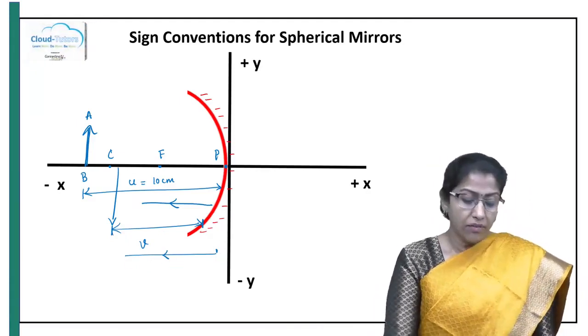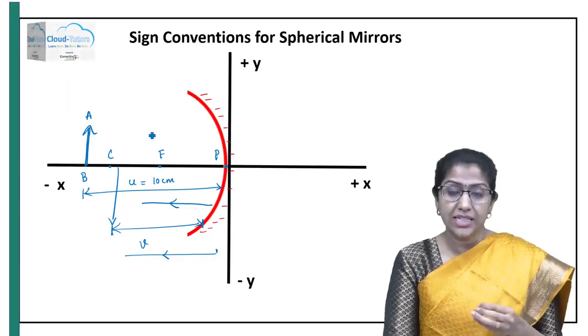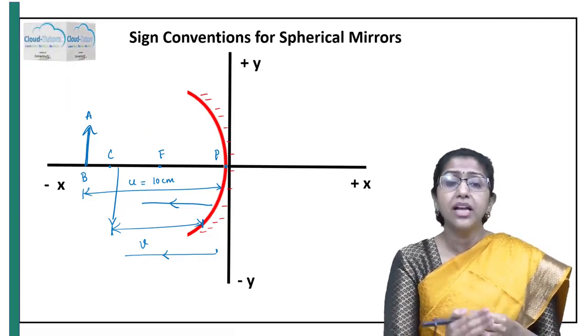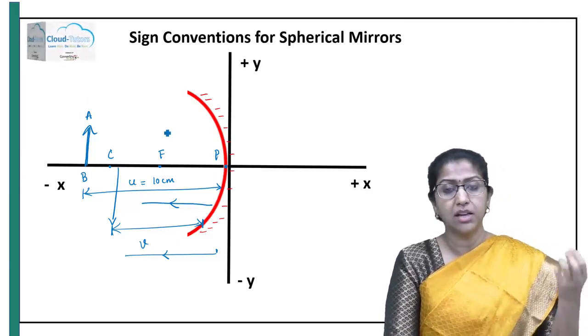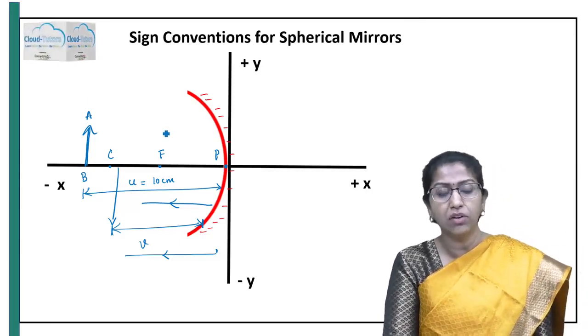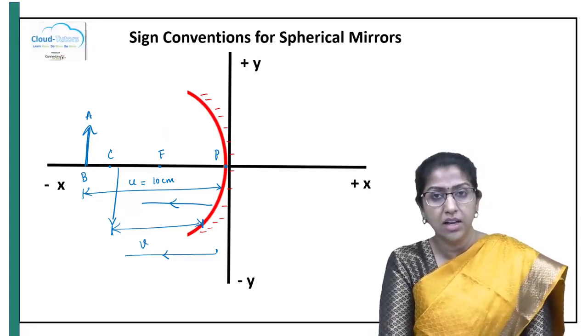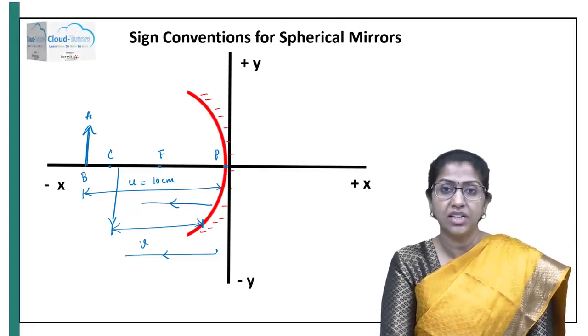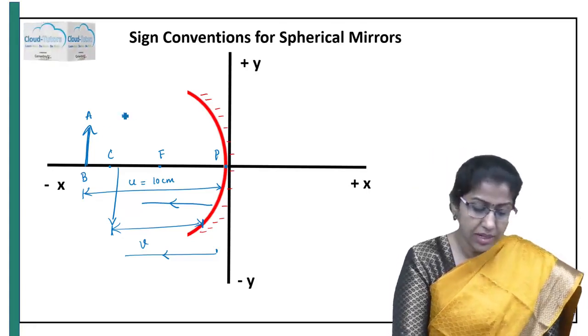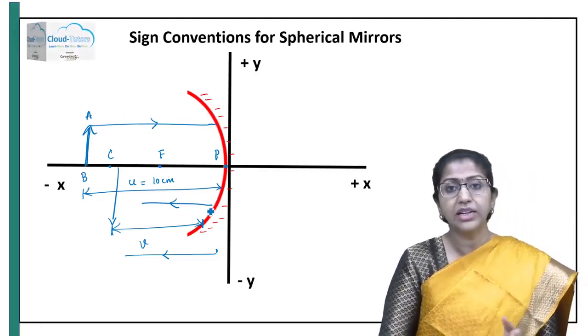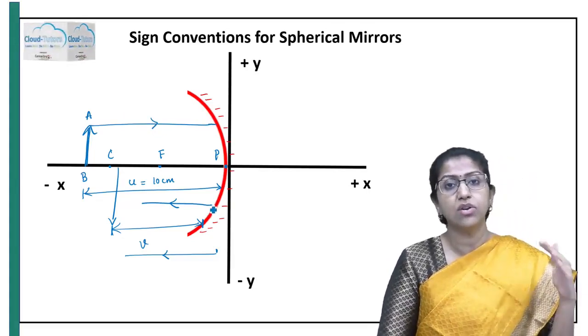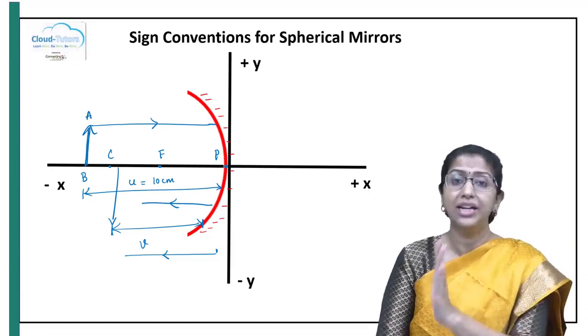Okay. So when it comes to the incident rays falling onto the mirror surface, obviously they are coming from an object, because light rays fall onto the object, and the object reflects these light rays onto the mirror surface. So if I draw an incident ray like this, the direction of the incident ray is obviously from my left to right.